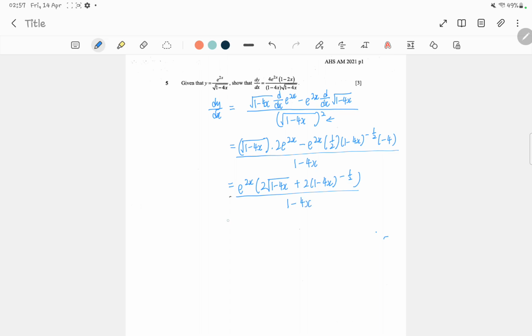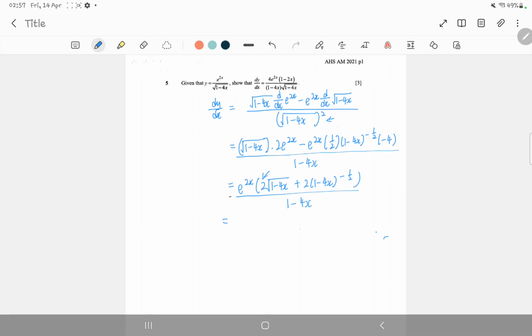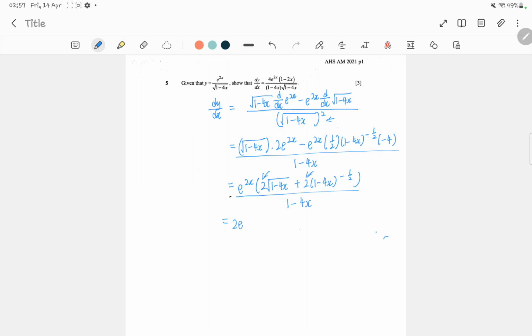Let's simplify whatever is inside. But I can actually take out this 2 as well. So 2e to the power of 2x. Whatever is left inside is square root of 1 minus 4x plus 1 minus 4x to the power of minus 1 over 2.